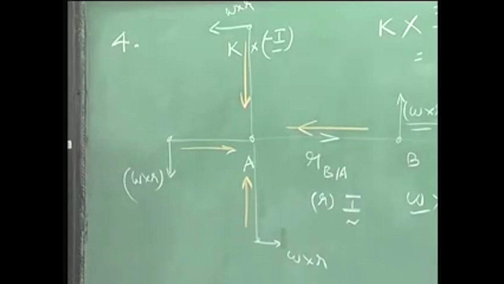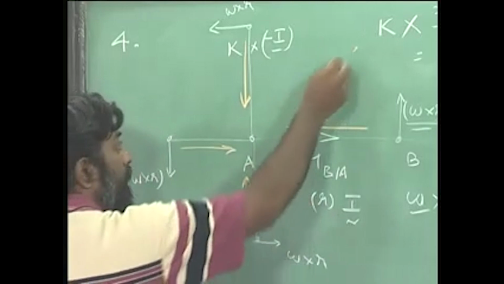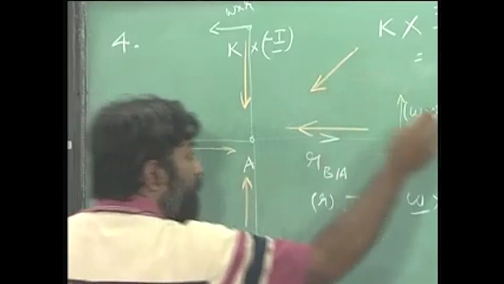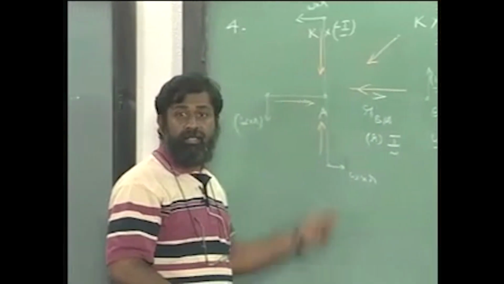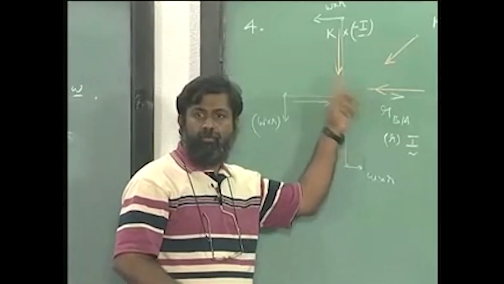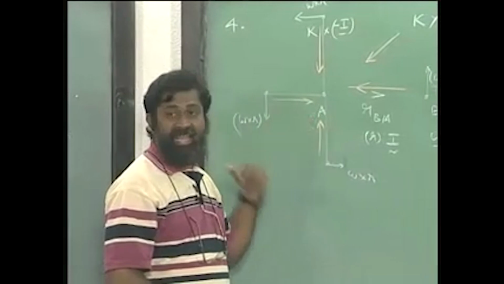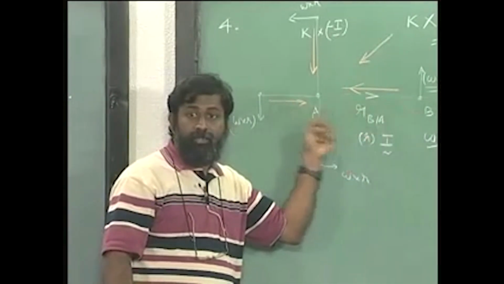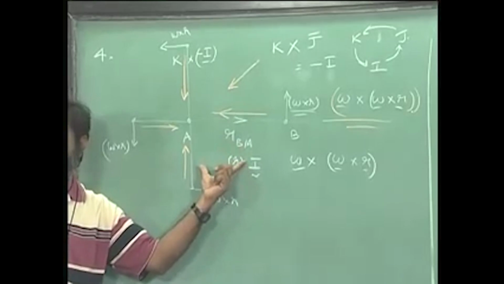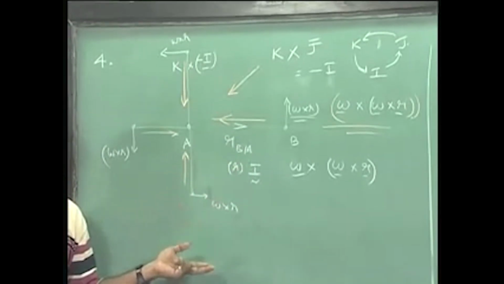Or in other words, even if I take some other point over here, I know the direction of this component will be along a direction that is towards the center, which is A, or in other words it is towards minus of this direction. That should be understood clearly.